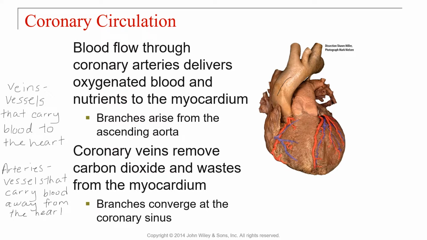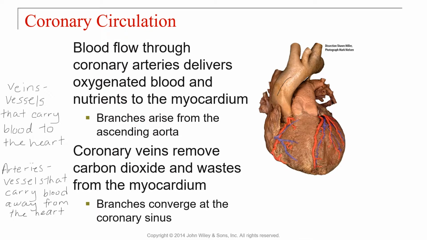And in the case of coronary circulation, you won't really see any exceptions. There's exceptions to whether or not veins carry oxygenated blood versus deoxygenated blood, which is what we saw with the pulmonary veins when we talked about blood flow through the heart. But these are the definitions that you should keep in mind.